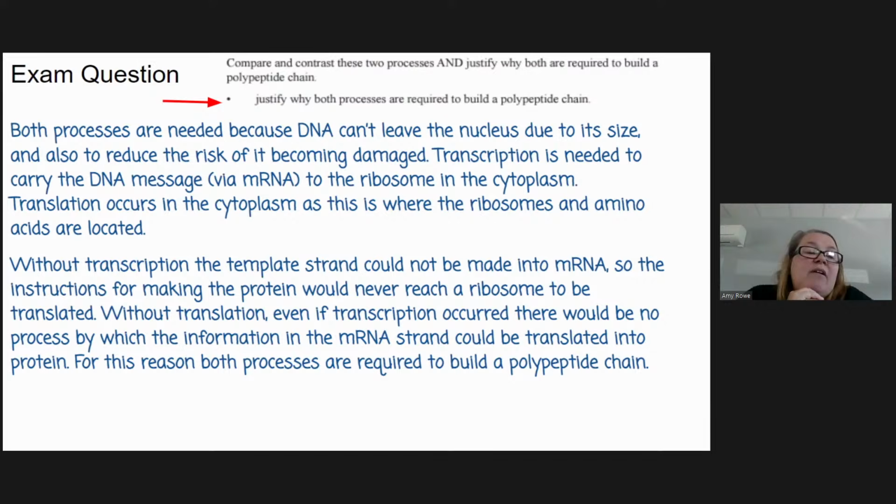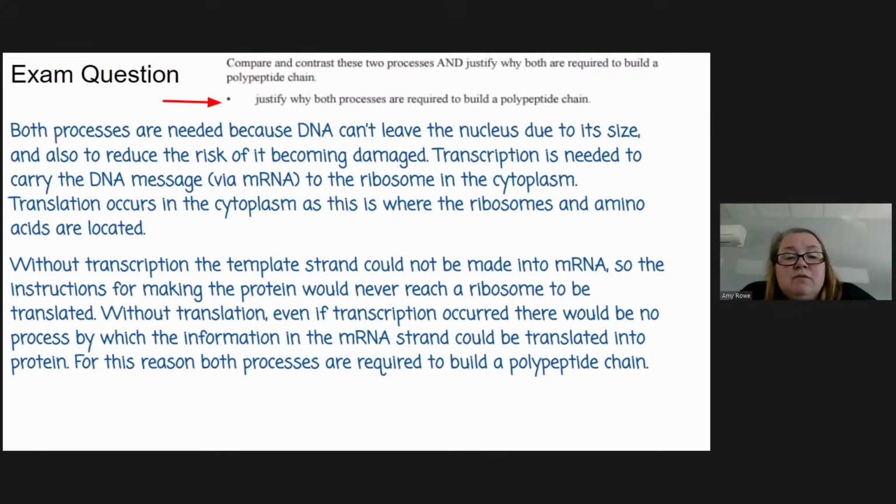Transcription is needed to carry the DNA's message via mRNA to the ribosome in the cytoplasm. Translation occurs in the cytoplasm because that's where the ribosomes and the amino acids that are needed are located. So we need to get the instructions or the message from the DNA out into the cytoplasm where the ribosomes and the amino acids can be used to put the protein together. And the way that happens is via mRNA.